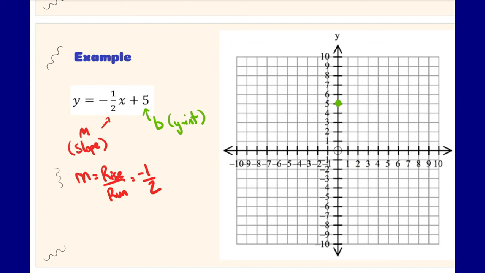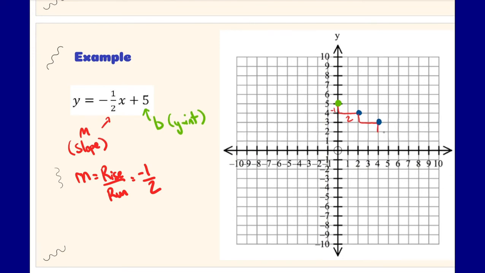So if I have negative 1 over 2, that means I go down 1 and I go over 2 in the positive direction to get another point. I continue that, go down 1 and go over 2 to my next point. I can plot a point there.